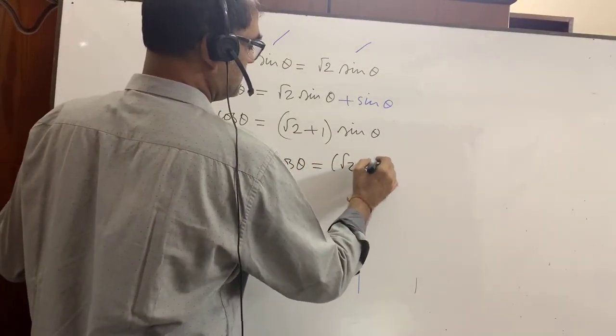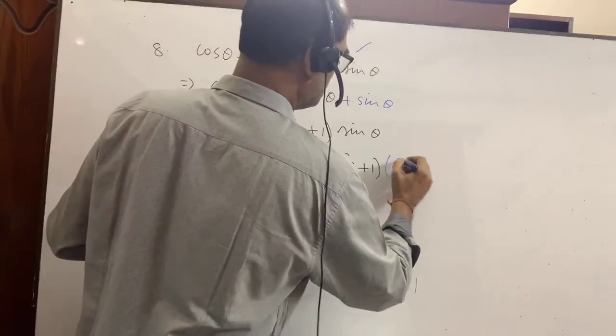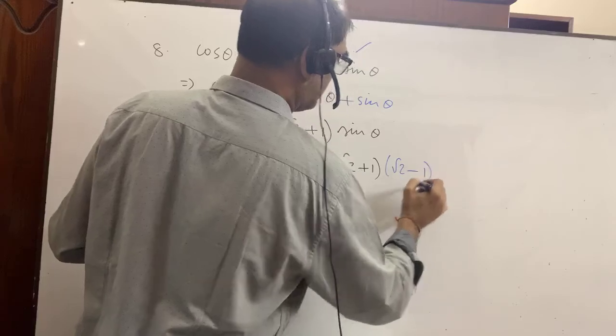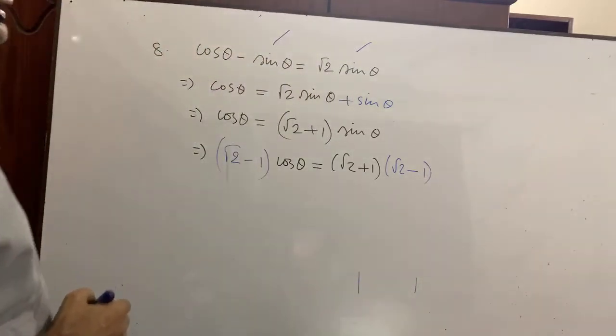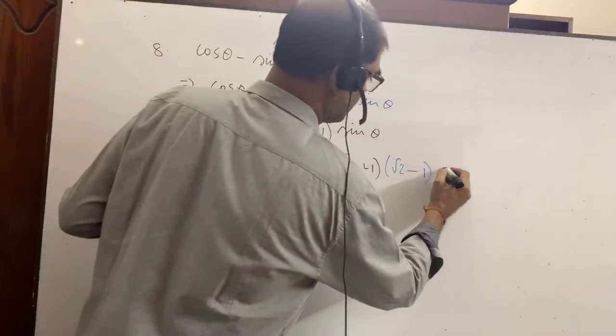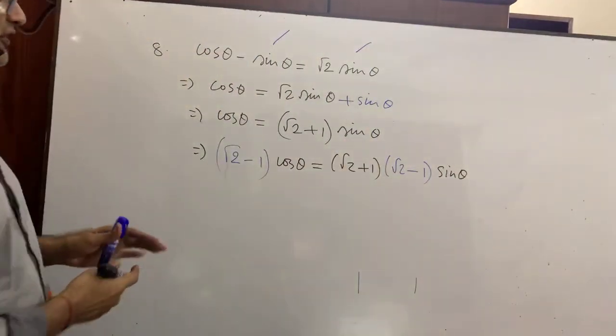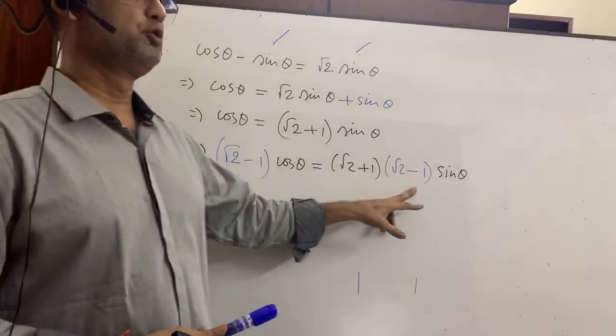This is root 2 plus 1, and all others have been kept as they are. You see, this is root 2 minus 1, this is root 2 minus 1.